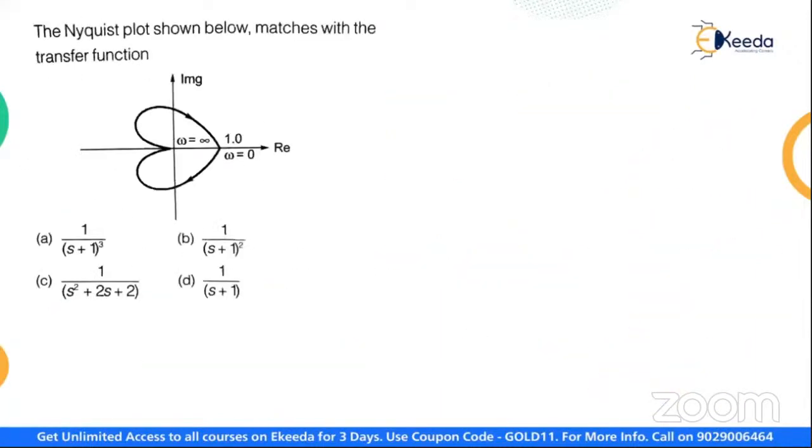Okay. Now, the Nyquist plot shown below matches with the transfer function. This is the Nyquist plot given. Now, always remember one point. Whenever a pole is added at the negative real axis, what did I say?